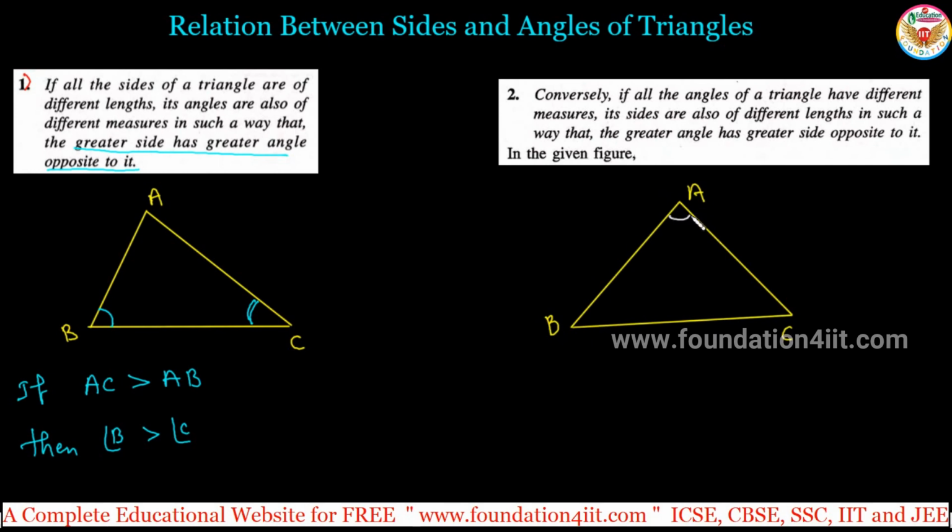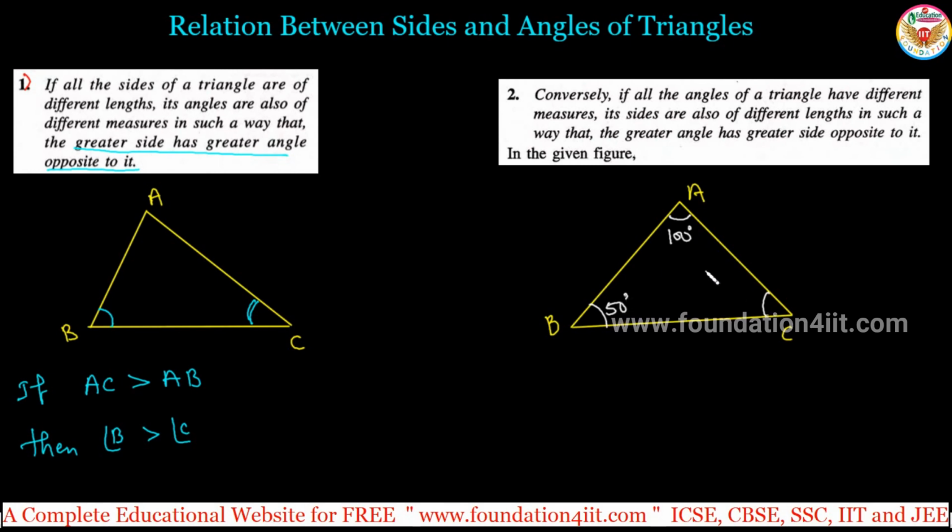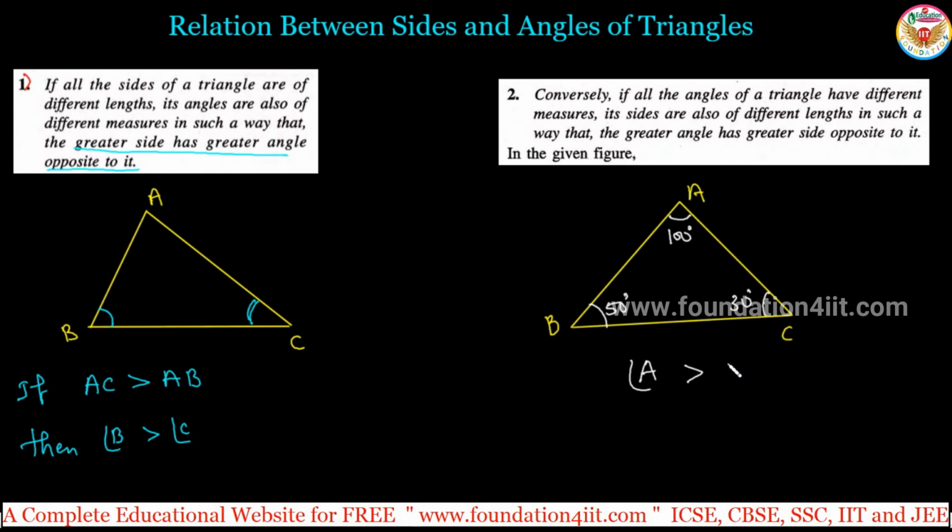Let us say angle A is 100 degrees and C is 30, approximately. Angle A is greater than angle B. So the side opposite angle A is BC, so BC is greater than the side opposite B, which is AC.